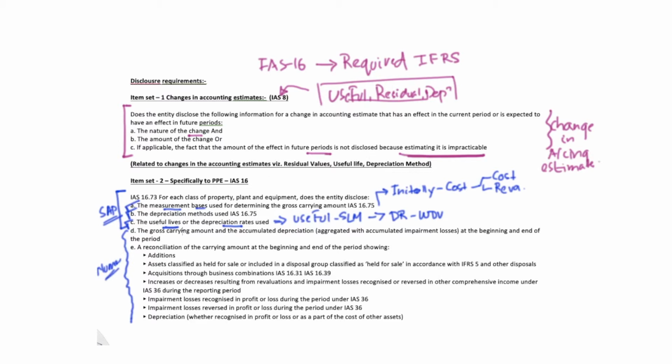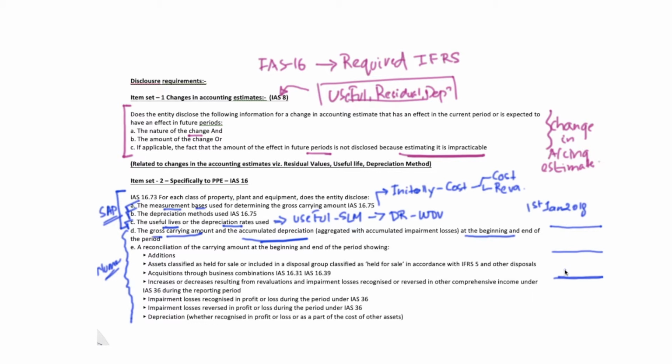The gross carrying amount and the accumulated depreciation are required to be disclosed for the beginning of the period. For example, on 1st January 2018, I have this much of PP&E at gross, this much in respect of accumulated depreciation, and this much in respect of accumulated impairment losses.